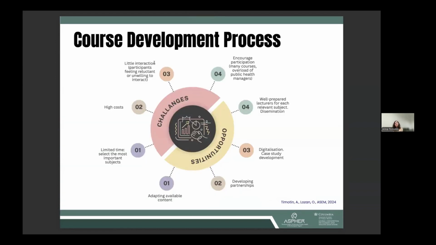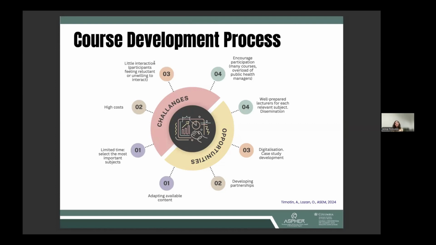So each course presents some unique challenges that also come with opportunities. For example, the time constraint requires rapid development of the course materials, and this allows us to adapt some existing content, such as resources from other courses.